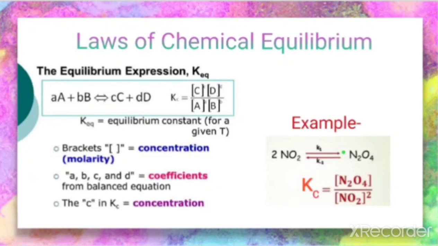So what is the stoichiometric coefficient here? That is 1. So the power will be 1 here, but it is not necessary to mention the number 1. But on the reactant side, we have 2NO2. So NO2 should be written in the square bracket, and the stoichiometric coefficient is 2 here. It should be written as the power. So this is the expression for this equation.